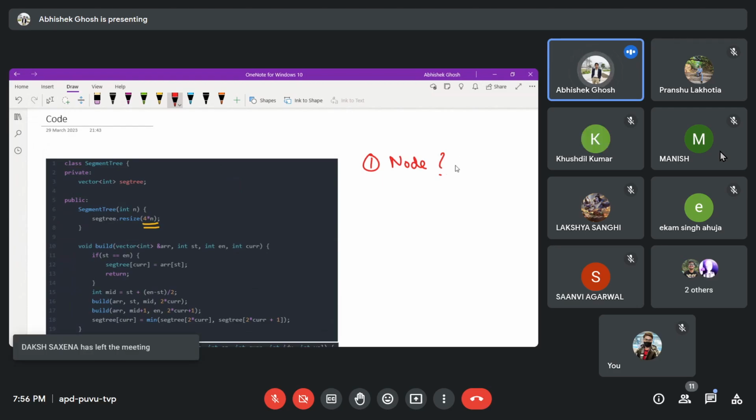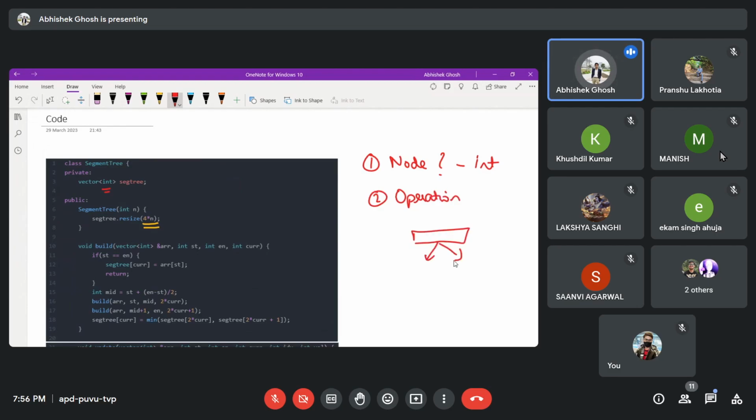So we need to keep in mind what each node is storing. Here we are simply storing sum or either min max, so it is an integer. So the segment tree is of type integer. And second, what is the operation that is being performed while merging? When we make calls for the left child and right child, after returning the answer from their further children, they need to return the answer to the parent.